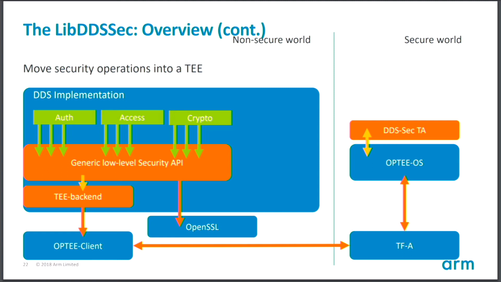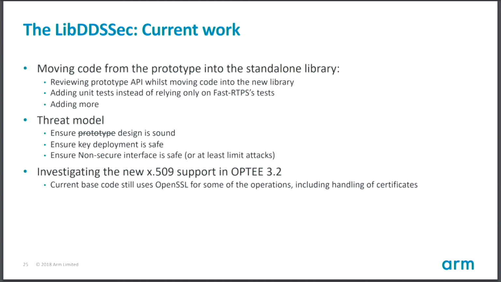So there is a bit of review and refactoring in that area happening in this work. The prototype also relied quite a lot on the DDS implementation to validate itself, so we added a Unity test framework, and we are adding quite a lot of tests as part of this process.